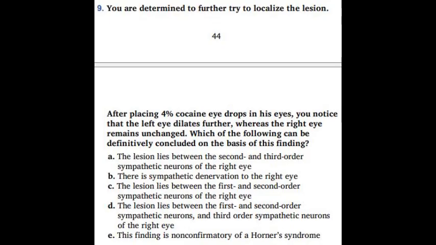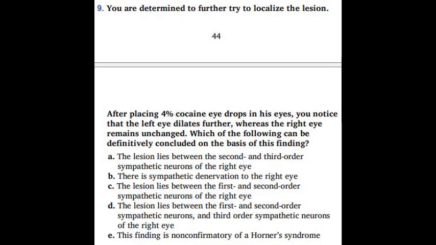Now, if you have this free norepinephrine, it means that the dilator muscle of the pupil will then dilate if the sympathetic fibers are working. So if the left pupil dilates when you put the cocaine eye drop, that means that left eye is fine.